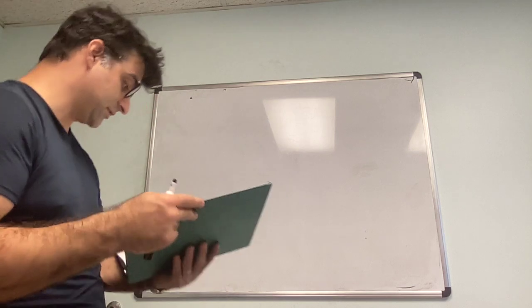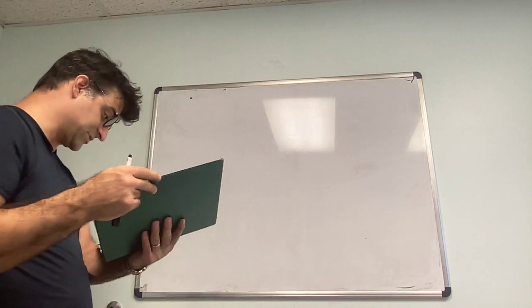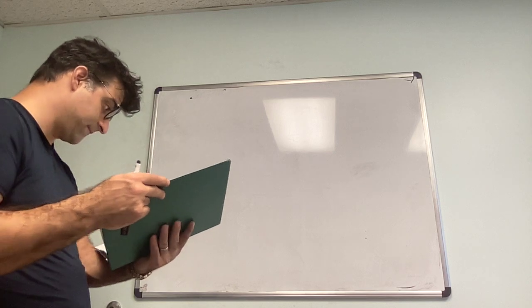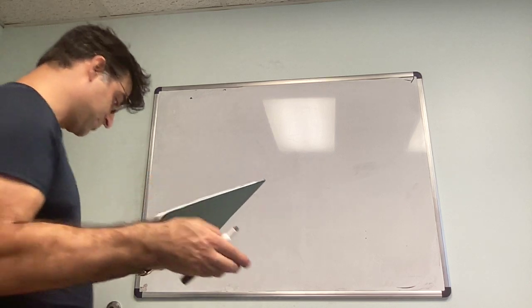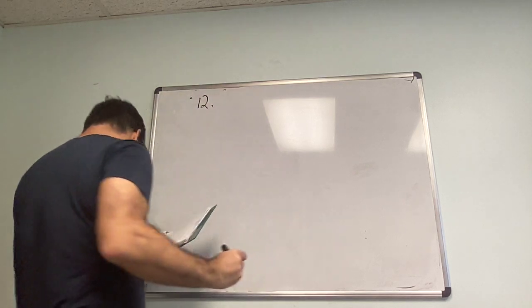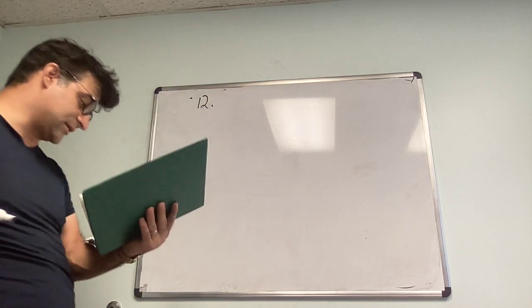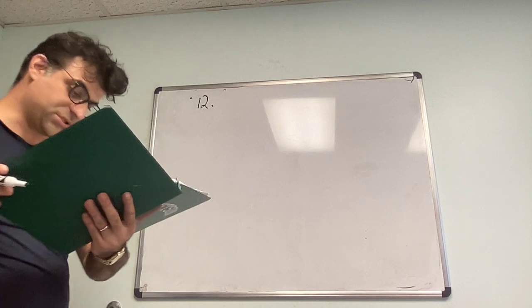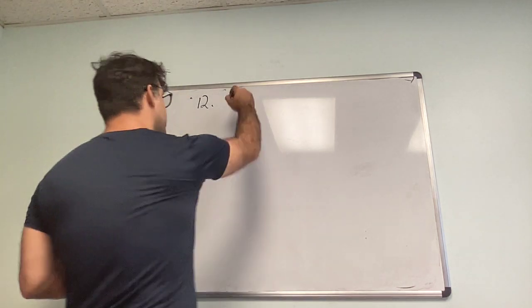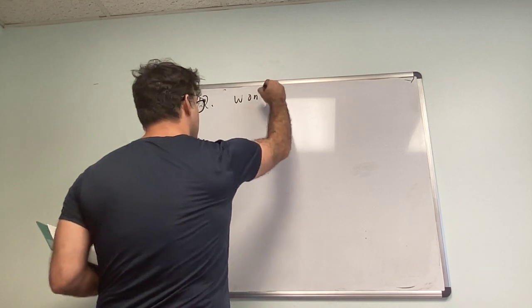So let's look at exercise set A, and let's look at number 12. Okay. J and K won't both be present at graduation. They won't both.